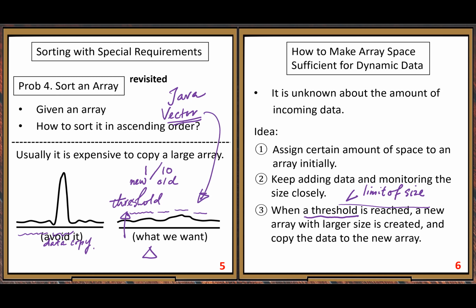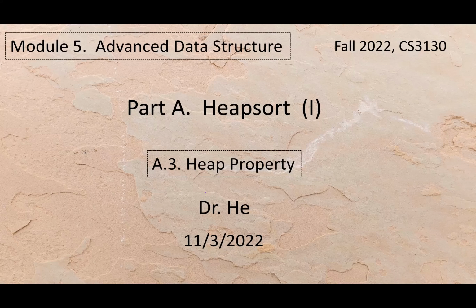When you grow the vector size, every time it doubles its previous size. That's the internal algorithm to increase the data storage locations for the Vector data structure. All right, let's move to the next topic.